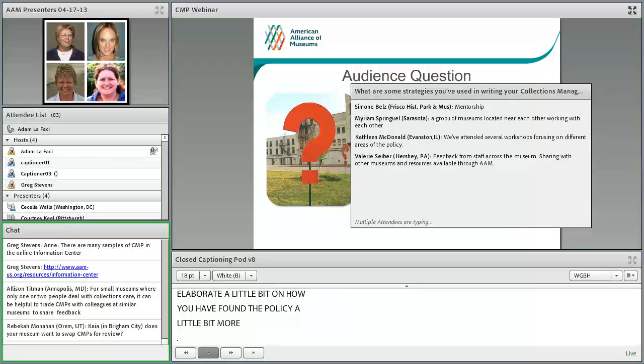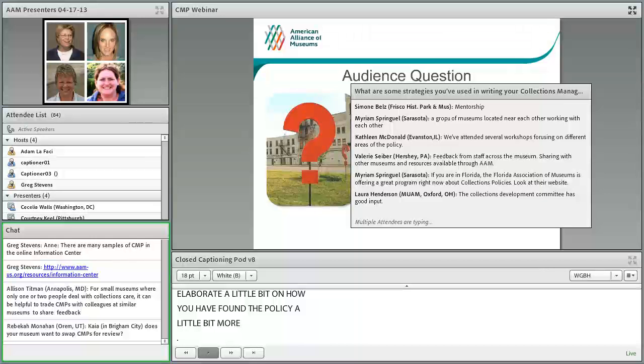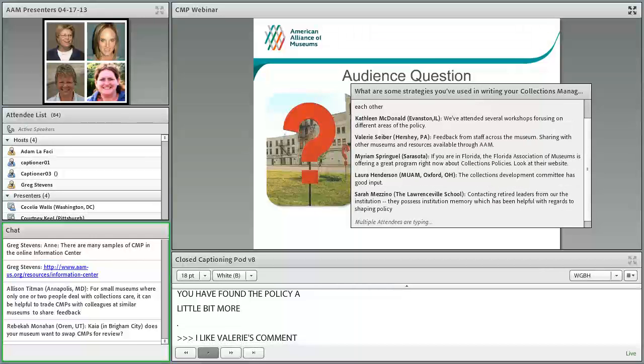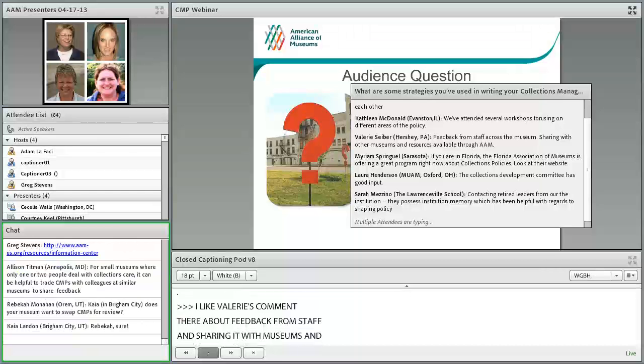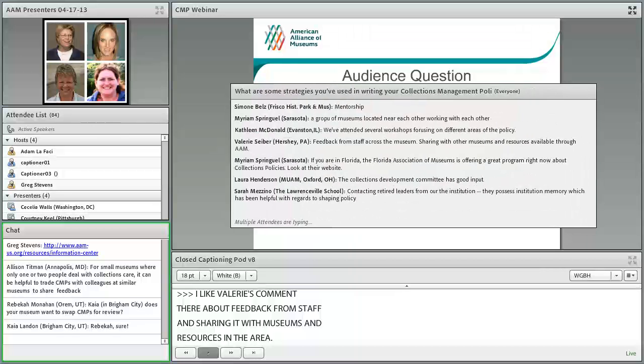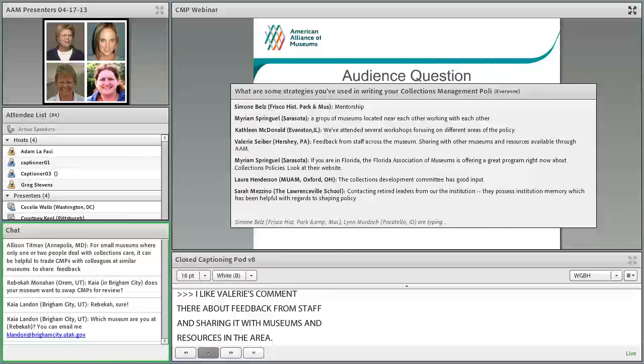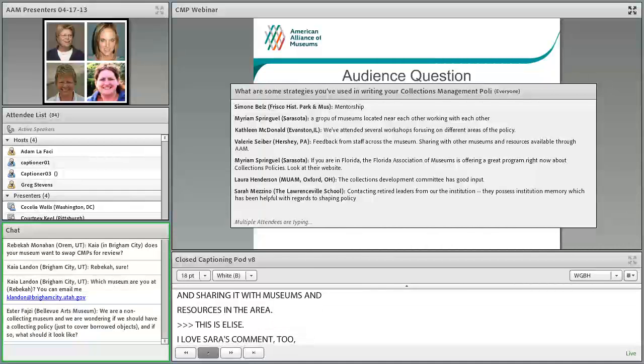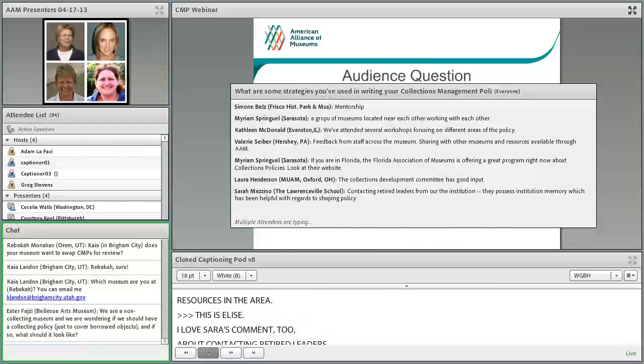I like Valerie's comment there about feedback from staff across the museum and sharing it with museums and resources in the area. This is Elise. I love Sarah's comment, too, about contacting retired leaders, getting that corporate memory to help you. That's a great idea. Yeah, excellent.